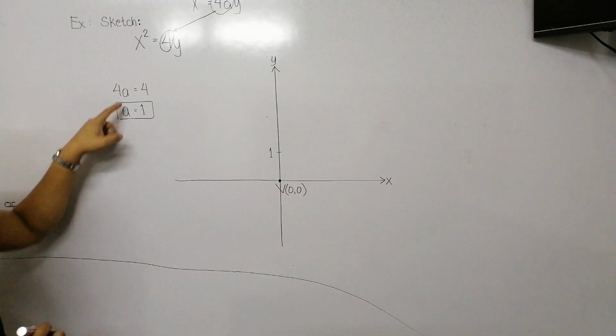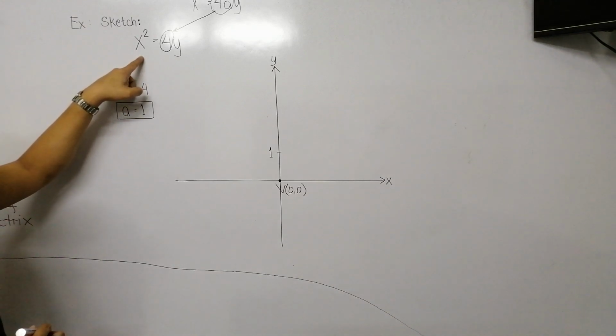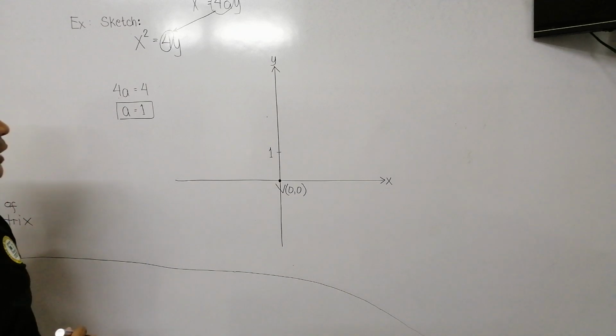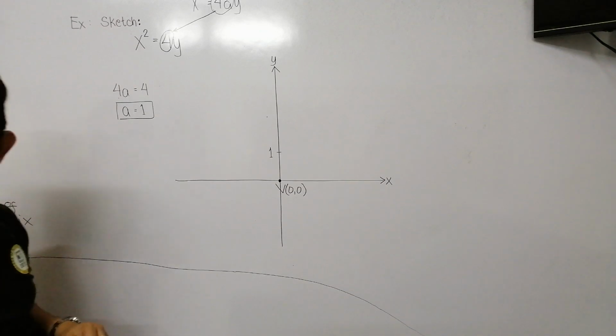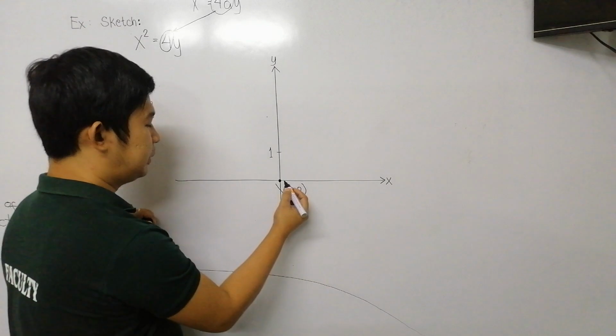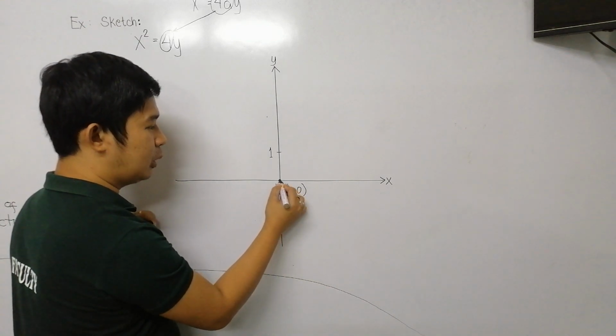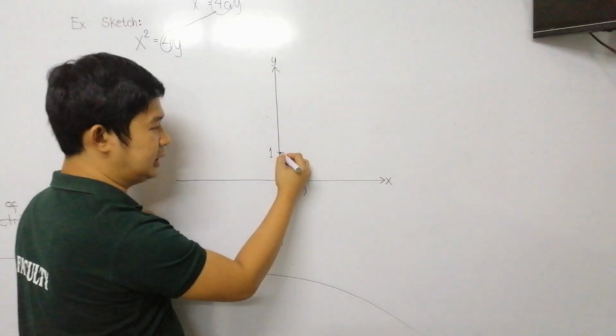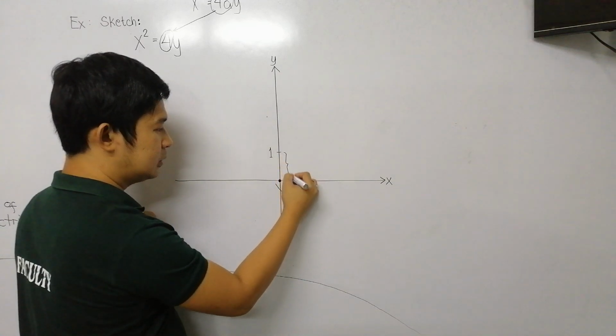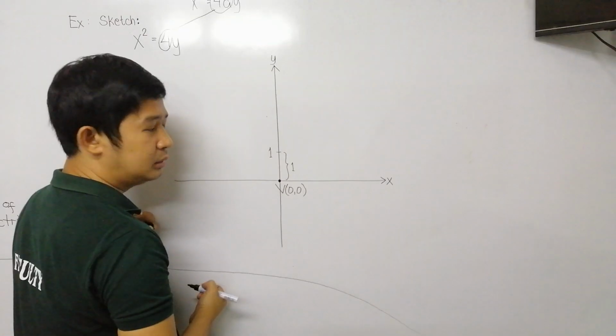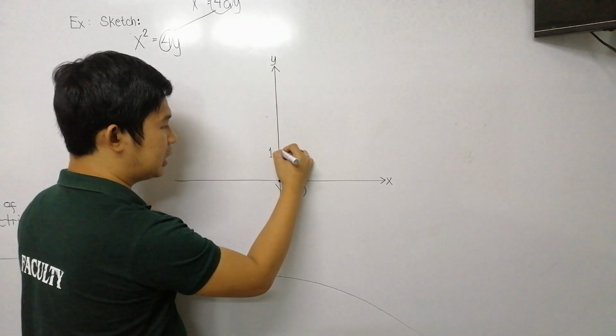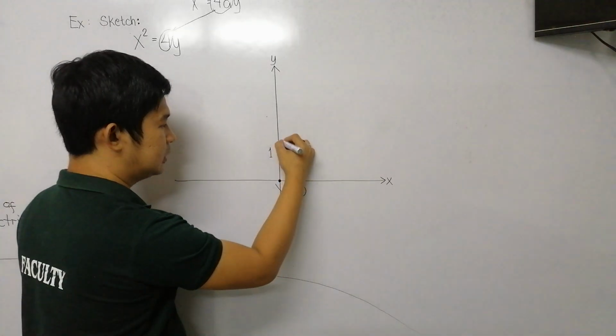So that means, since this is opening upward, the value of 1a from vertex to focus is going upward along the positive y-axis. So from vertex of 0, 0, we go up with the value of a, 1. So this is 1 unit. So this will be now our focus.